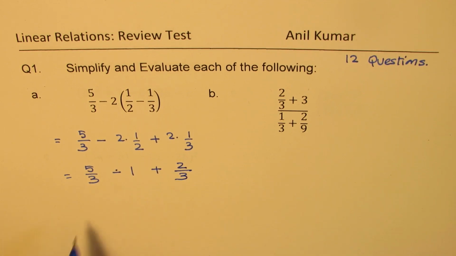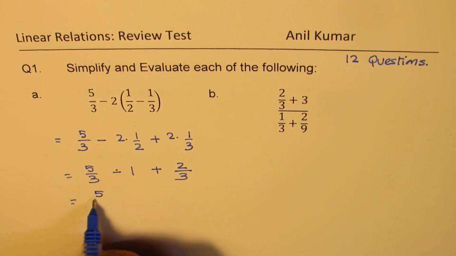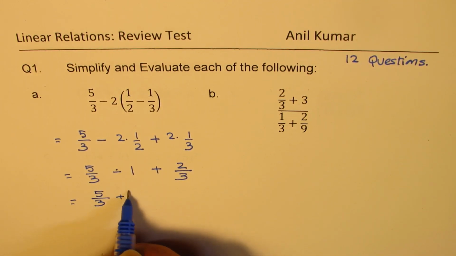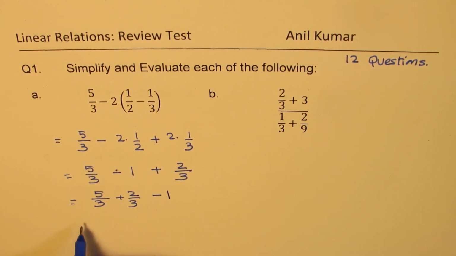Correct? Now 5 over 3 and 2 over 3 can be combined. So let me rewrite this. We have 5 over 3 plus 2 over 3, and from this, we'll take away 1, right? 5 plus 2 is 7. So we do 7 over 3 minus 1, right?